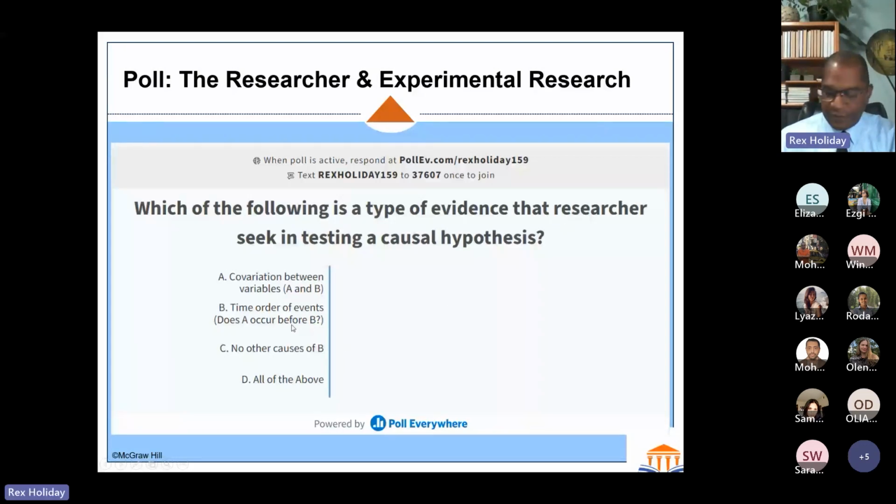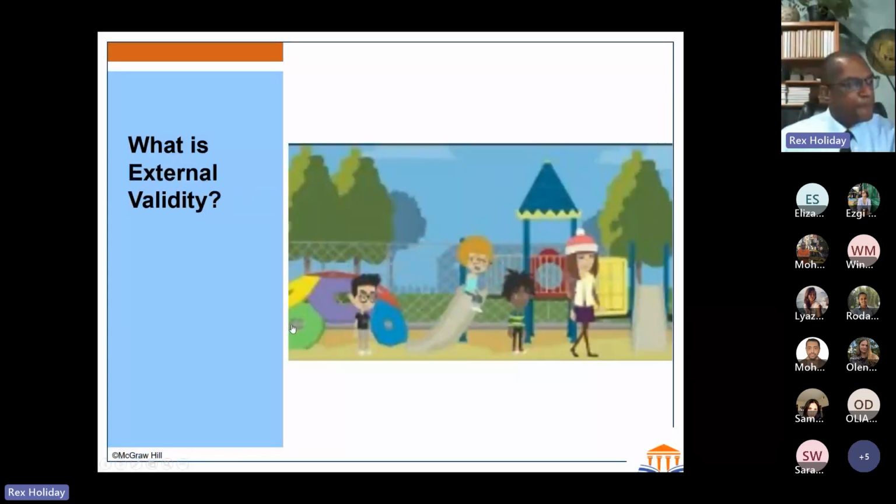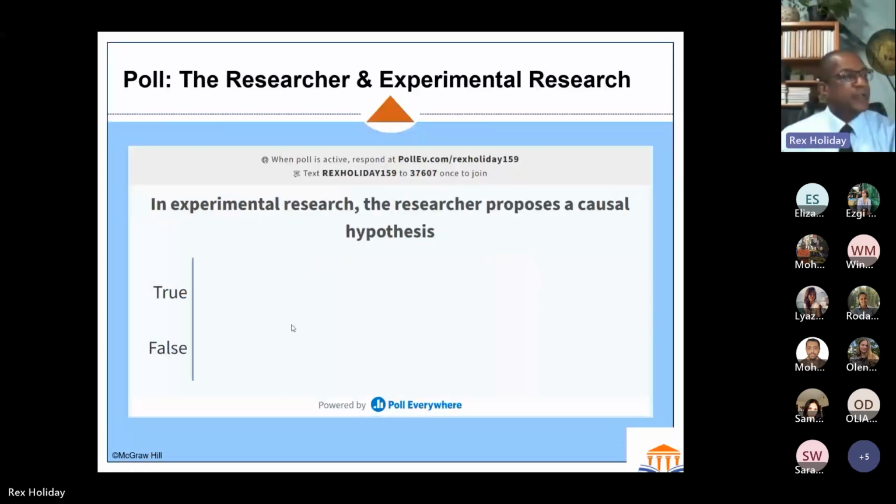So I skipped one. Let's go back to, okay, here's another one. In experimental research, the researcher proposes a causal hypothesis. Is this true or false?